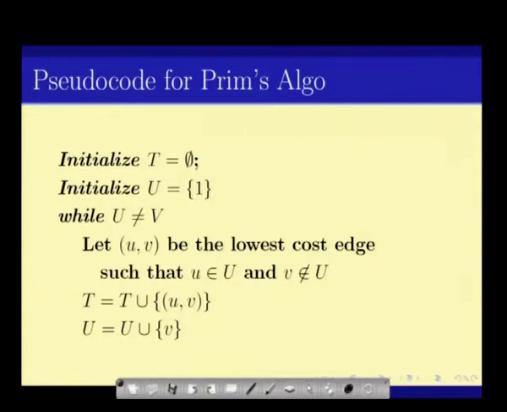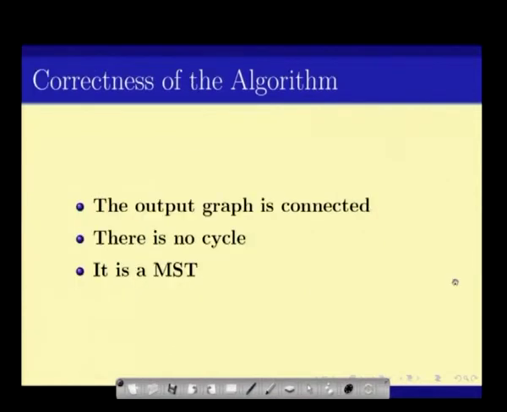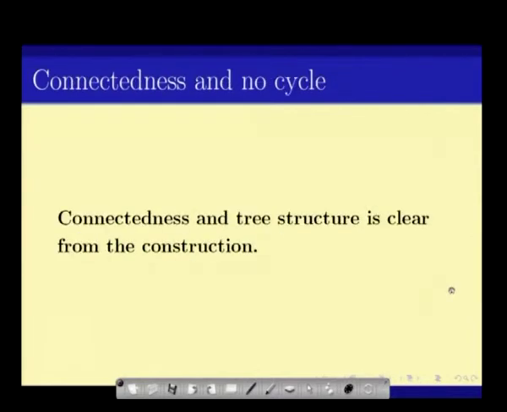As long as we have not colored all the vertices, we pick the smallest cost edge out of U, where one of the vertices is in U and the other one is not in U. We add that edge to our selected edges and add the vertex V to our U, or rather color the vertex V red. The algorithm is again very simple. We have to check the correctness of this algorithm: why is this graph connected, does this graph have a cycle, and so on.